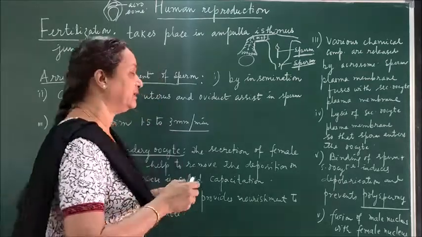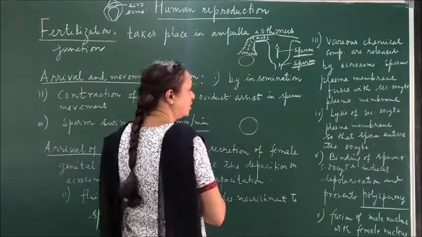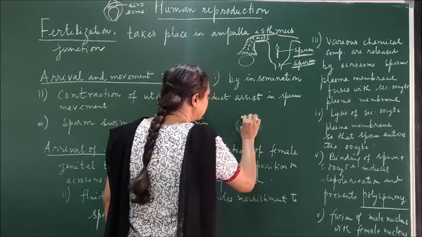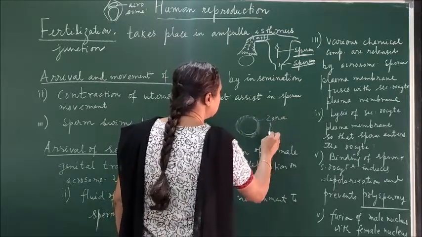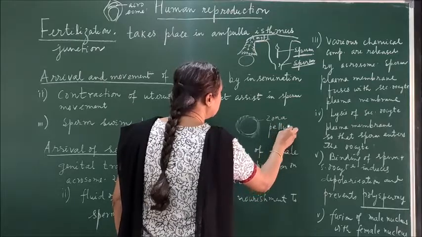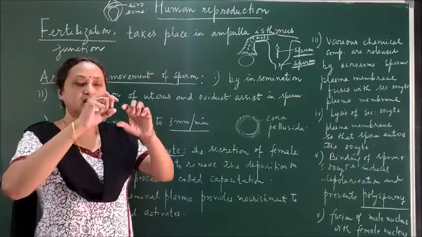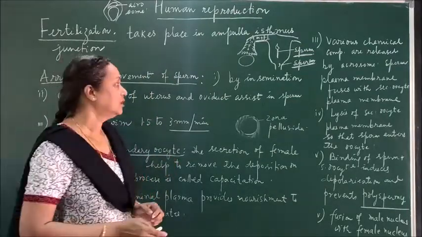And if you remember, I had explained here, if this is the egg or ovum, then surrounding the ovum you can find another layer which is called zona pellucida. Zona pellucida is a hard and thick layer which is covering the plasma membrane of the ovum.